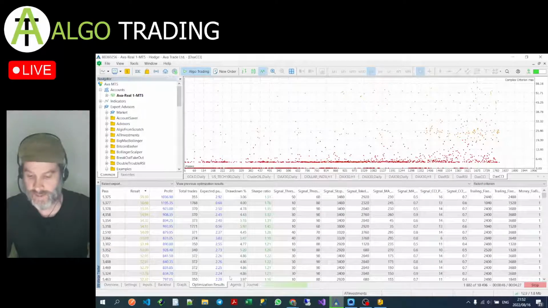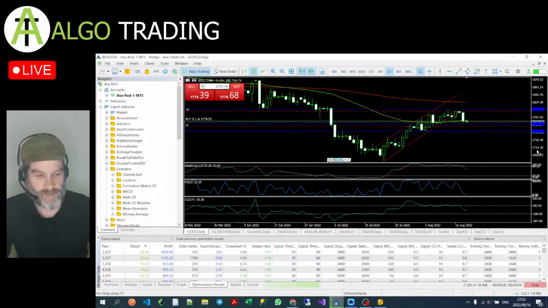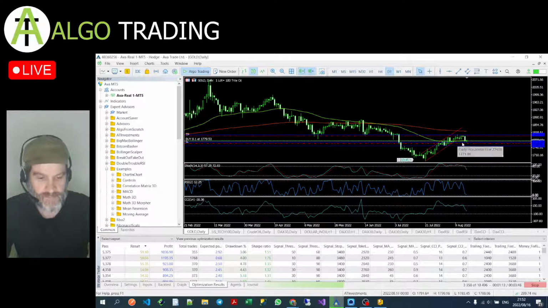Okay, while that's running, let's have a look at some trades. I've taken a manual gold trade. My rationale is that I had a support area here. If we scroll out, there's a support area which had a number of touches.